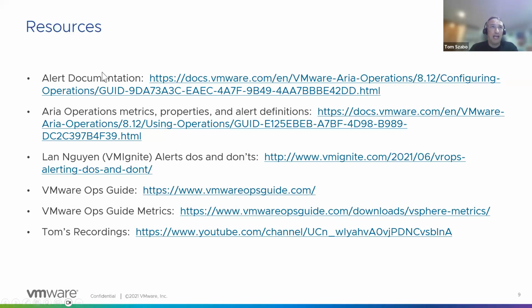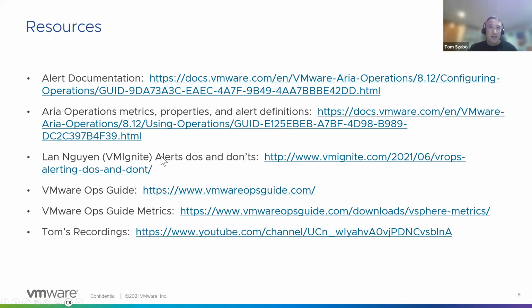We put in a couple of links that we think are really helpful. One, our primary alert documentation, just on docs.vmware.com, that talks through a lot of what we went over. There is a guide specifically on the metrics, properties, and alert definitions that are available out of the box. Another good piece of reference material.